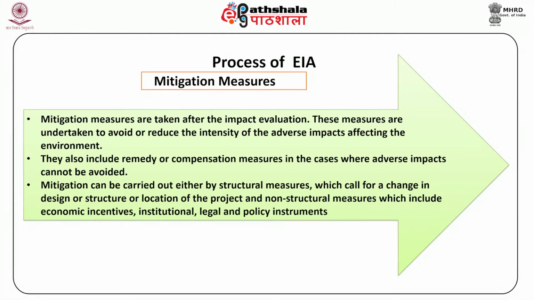Mitigation can be carried out either by structural measures, which call for a change in design or structure or location of the project, and non-structural measures, which include economic incentives, institutional, legal and policy instruments.